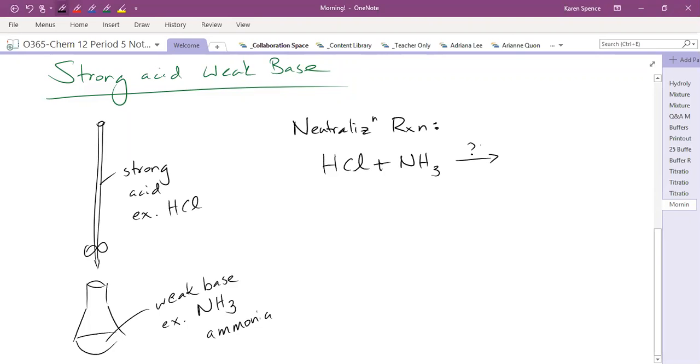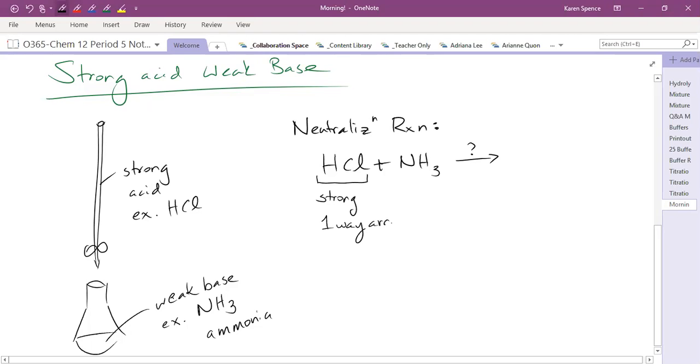So predict the products and let me know if that's a one-way arrow or a two-way arrow. Yeah, because the HCl is strong, that is a one-way arrow.